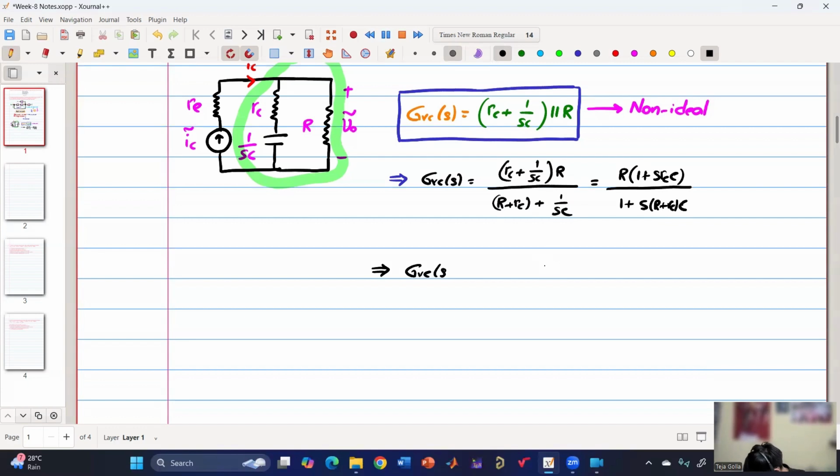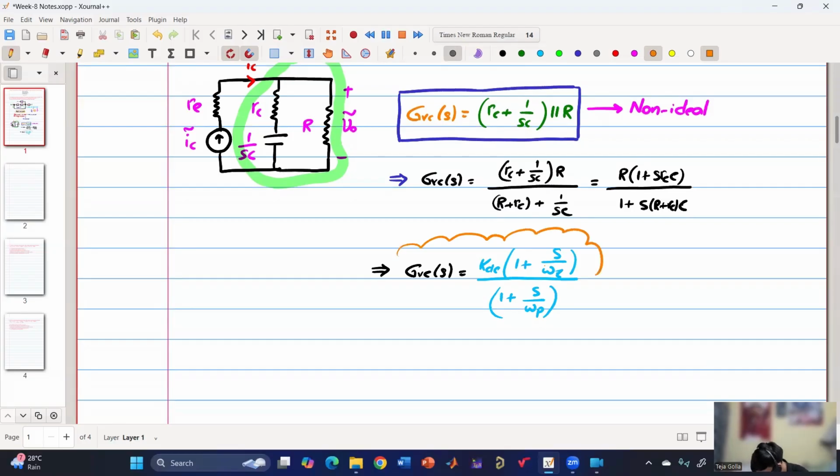I can generalize the GVC as something like this. I can write DC gain KDC into 1 plus S by omega Z, which is the zero, divided by 1 plus S by omega P, which is the pole.